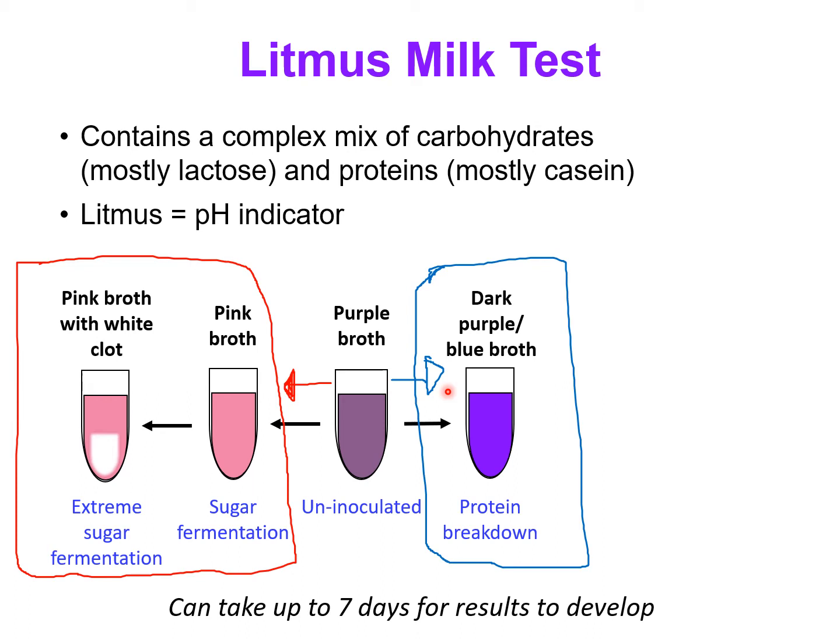How am I going to be able to tell whether they're metabolizing the protein or not? The color of the broth is going to turn a dark purplish, bluish color. So if it turns dark purple or blue, that means the protein is being broken down. Now, this could be the result that you would get after 24, 48 hours of incubating your broth.